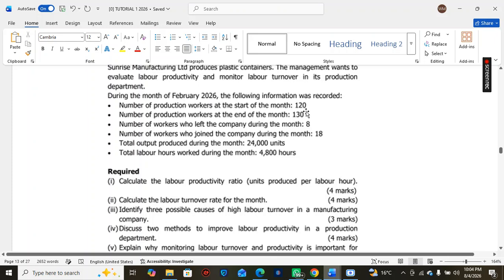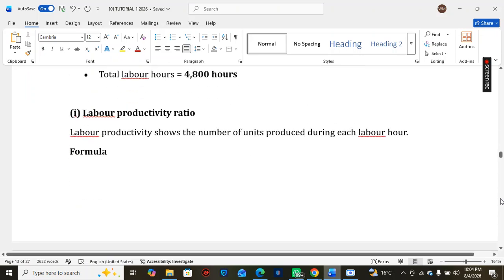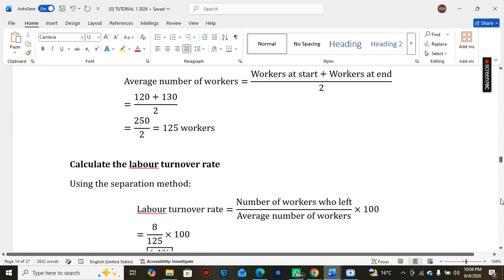Since this figure is changing, you want to get an average. So 120 plus 130 divided by 2 gets 125 workers. That's the average number of workers.